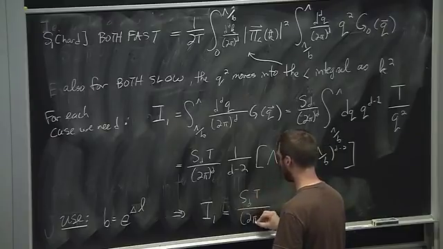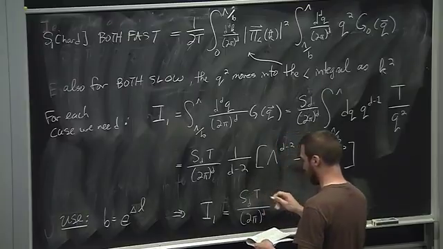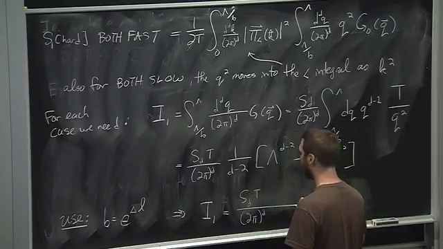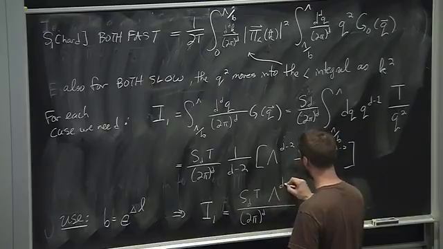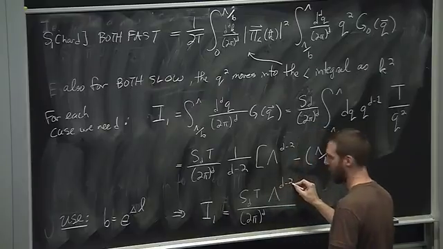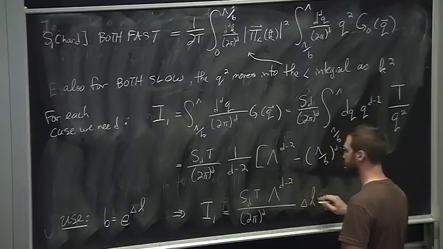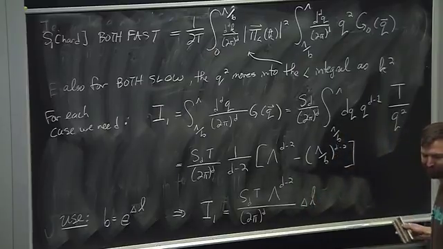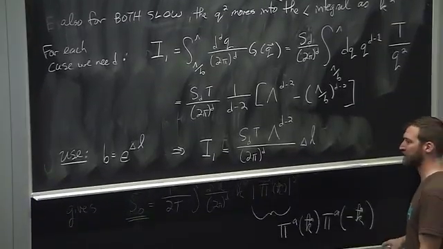Pi to the D. That'll cancel. I'll get this piece factors out, D minus 2, and delta L. I stand by that.